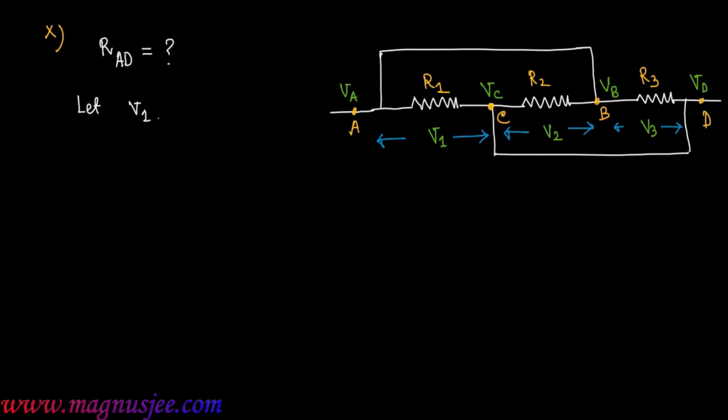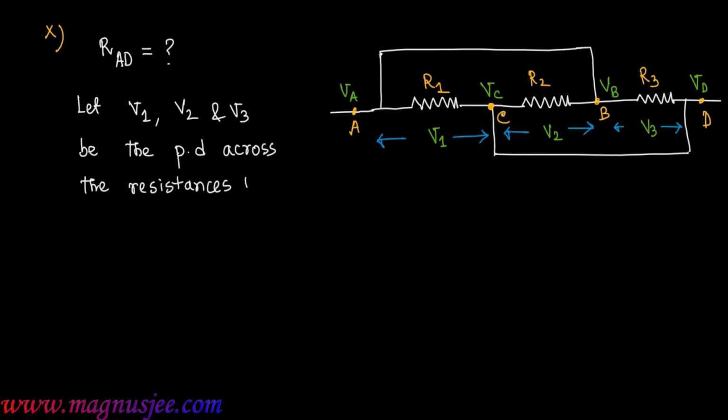Let V1, V2 and V3 be the potential differences across the resistors of resistances R1, R2 and R3.